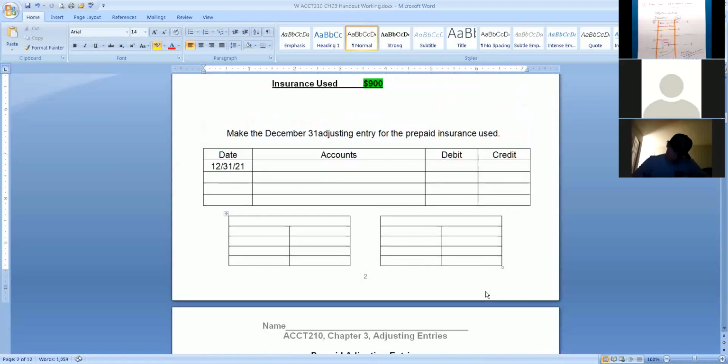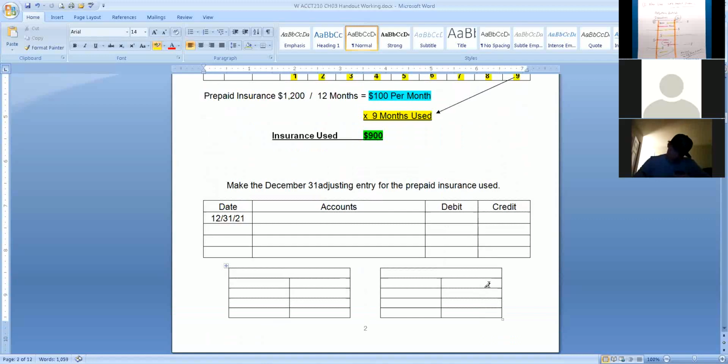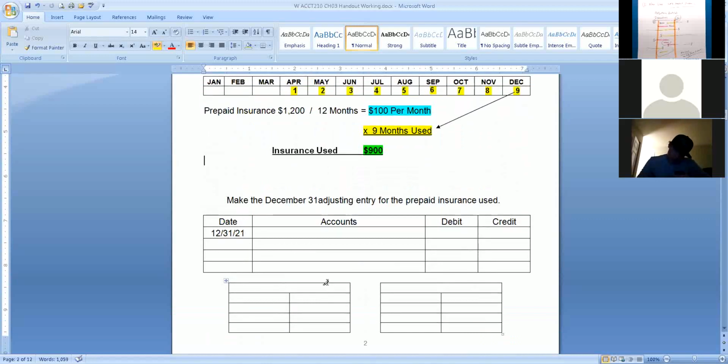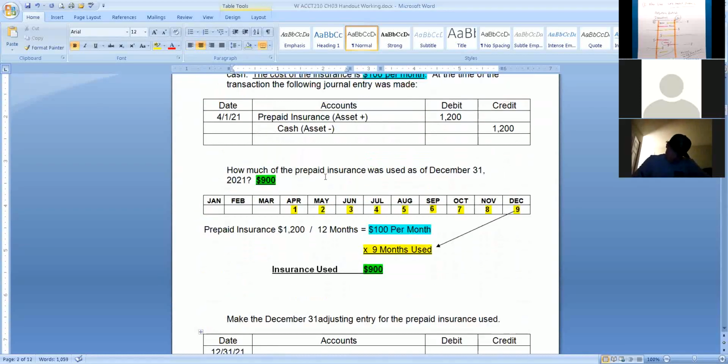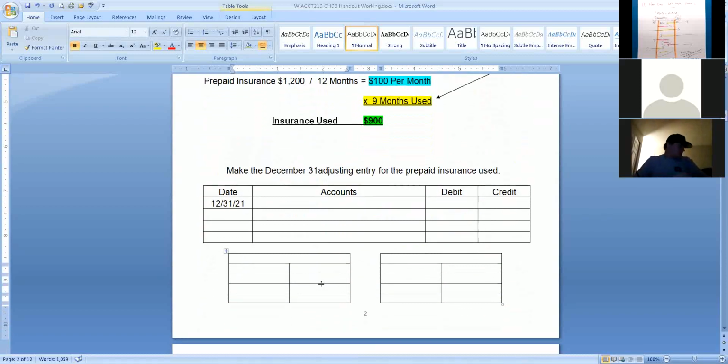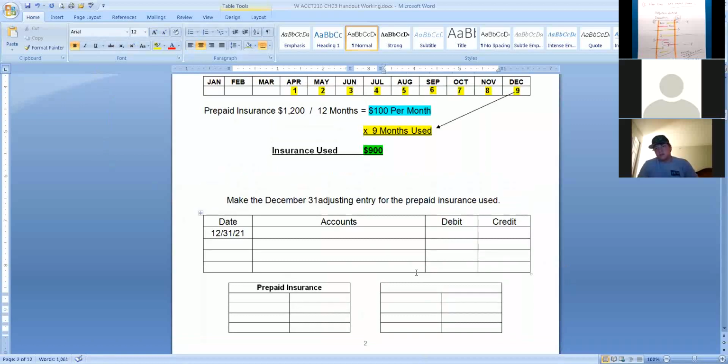Okay, now for the difficult part. So we have prepaid insurance, one of the accounts here. And every adjusting entry is going to have either a revenue or an expense.